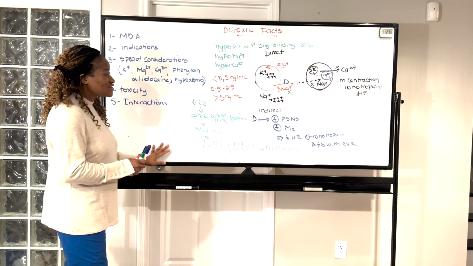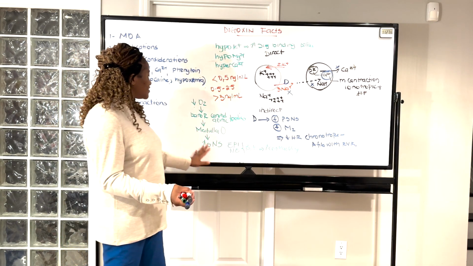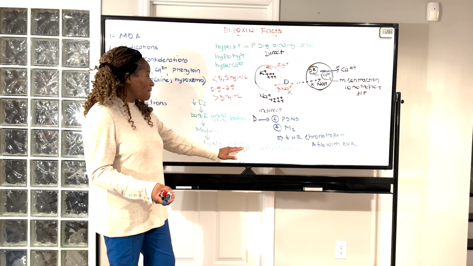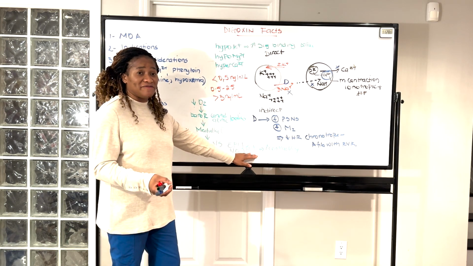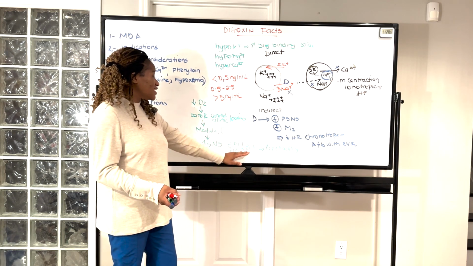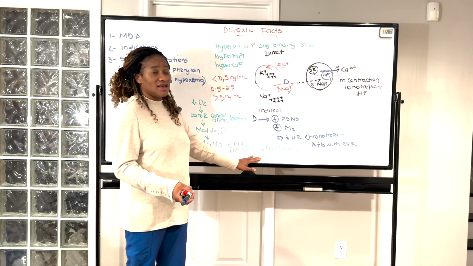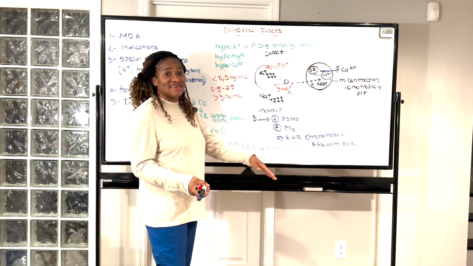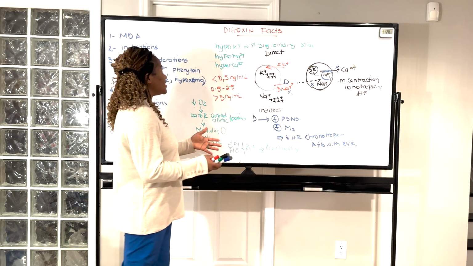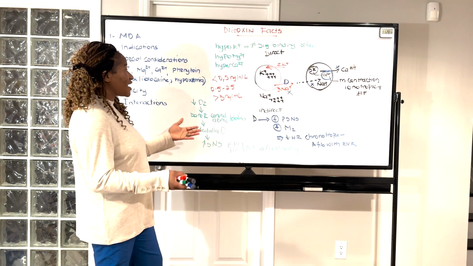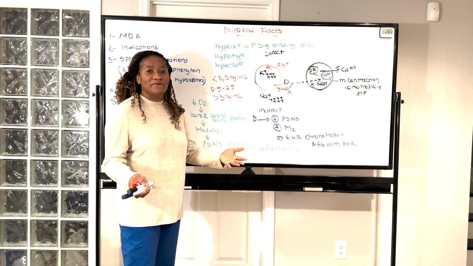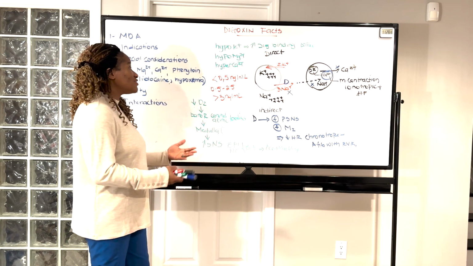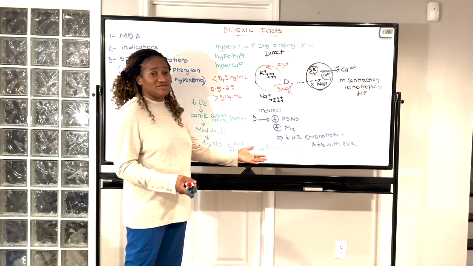So the interactions, mainly like we said, you don't want to give digoxin with your beta 1 agonists. You want to be very cautious. Any medicine that has a beta 1 agonist activation is going to lead you to more tachyarrhythmia. Any medicine that is going to increase your calcium, like verapamil, all those calcium channel blockers, they're going to increase your level of digoxin.